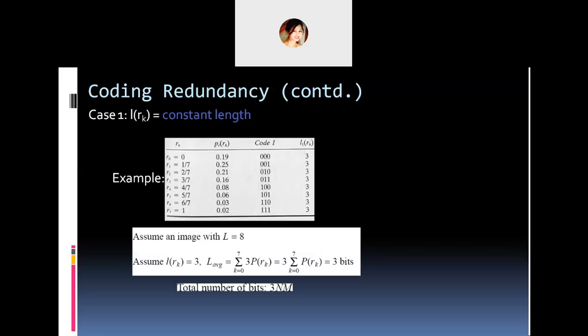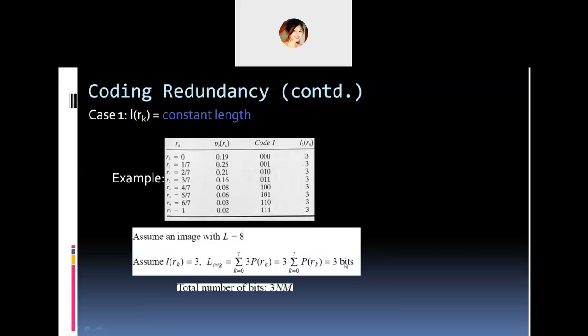Take it down. And this is an example of coding redundancy. So just take it down and assume that the image is, that is, it is already given L equals 8, that is 8 gray levels. Then l of rk equals 3. What is l?